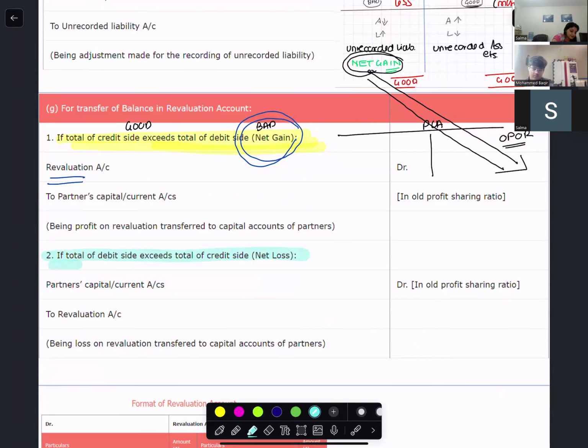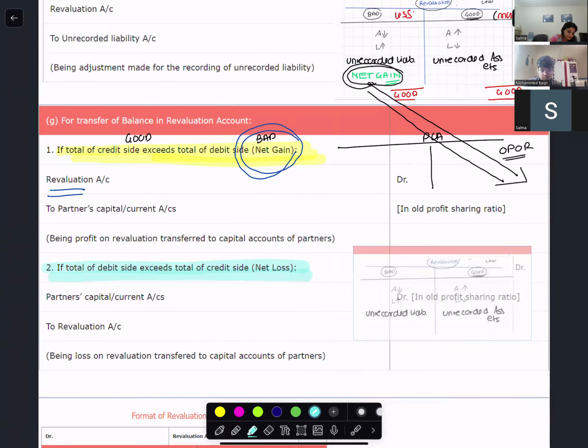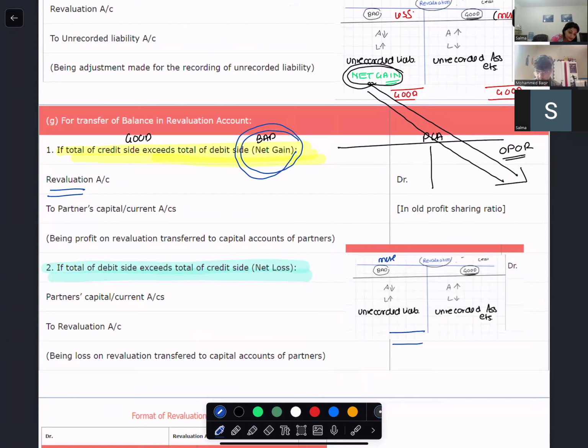If you have the otherwise situation, the bad is more. Whatever is on both sides, the total of the bad side or debit side is recorded. What you get is called the net loss.